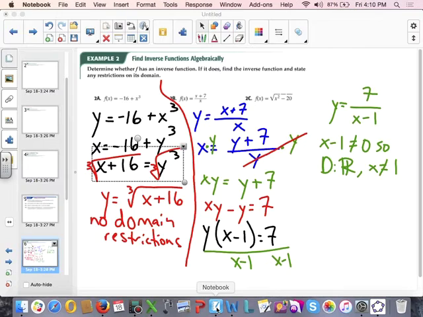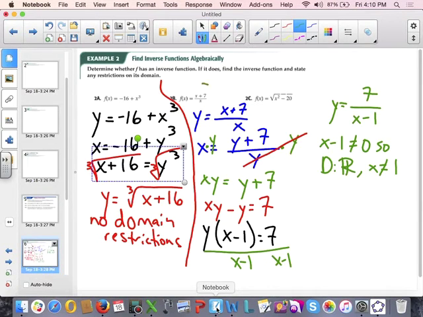So in my original function, this had a range of all real numbers, but y would not equal 1. And notice how in its inverse, it's the domain that has all real numbers, but x cannot equal 1.